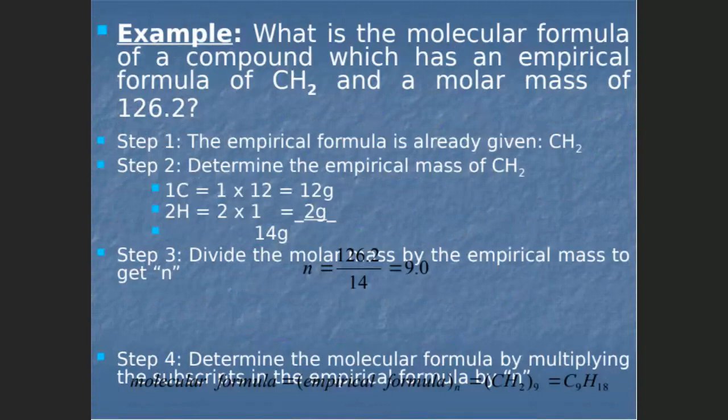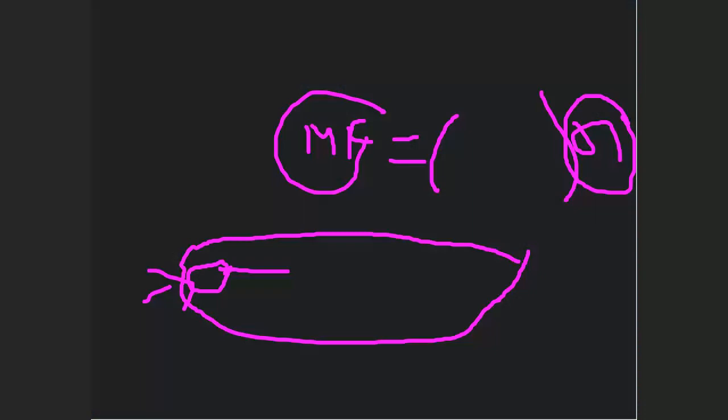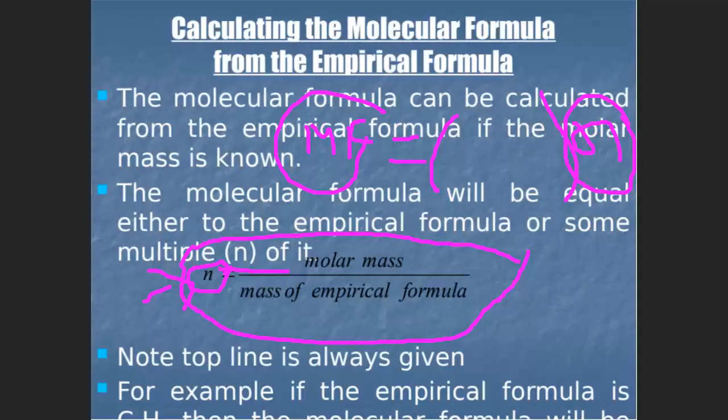See, molecular formula equals empirical formula in parentheses, n. So two steps. First, we need the empirical formula, and then we have to find the n, the multiple, that is n equal to 1, 2, 3, 4, 5, 6.